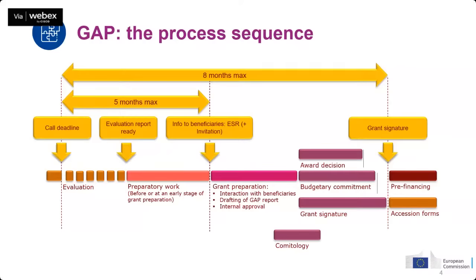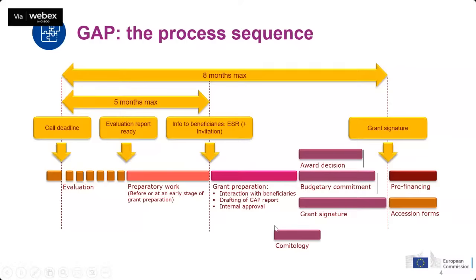The reason for this is that for many projects in Horizon Europe, we still have to do some internal management. We need to present the information to the program committee members. These program committee members are the member states of the European Union. And if the budget of the project is above a threshold, which is normally 2.5 million euros, then we need to ask for an approval.